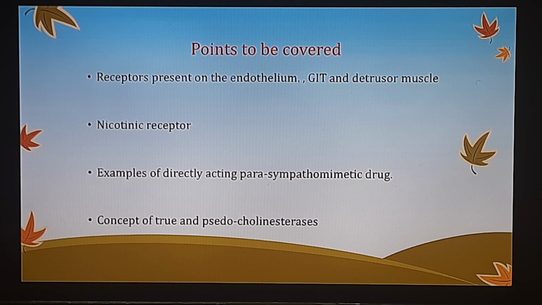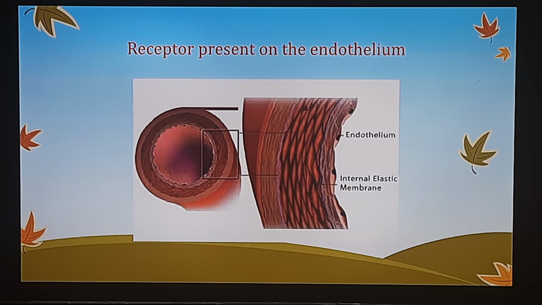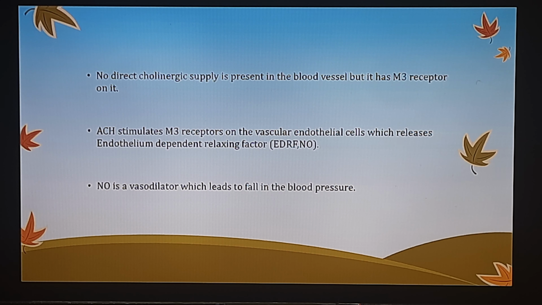So let us see which receptor is present on our endothelium. The very first point is that there is no direct cholinergic supply present in our blood vessels, but on the endothelial smooth muscle we have the M3 receptor.